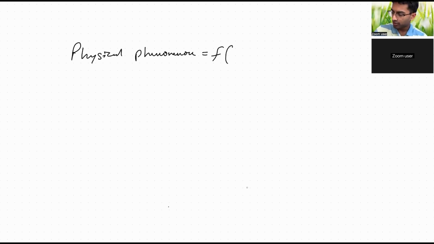So we have x1, x2, x3, dot, dot, dot, all the way to xn. So n different variables. And we have k fundamental dimensions, which I'll tell you what those are in a second. So k fundamental dimensions.